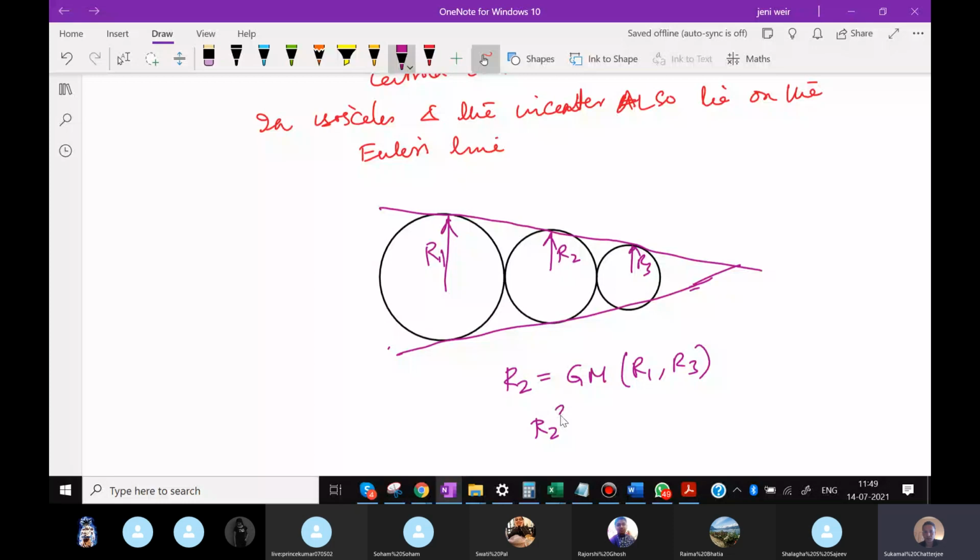That means R2 square will be equal to R1 R3.